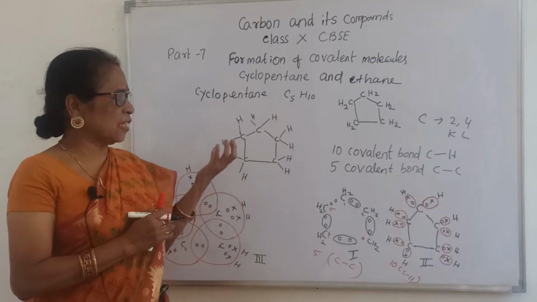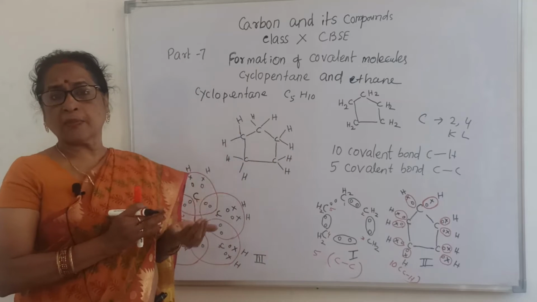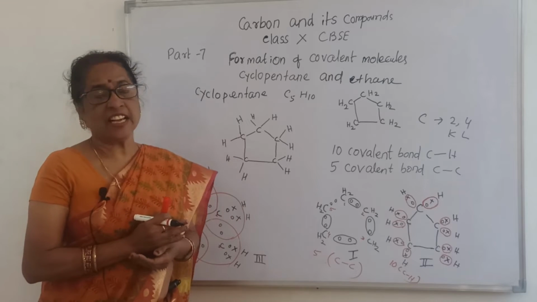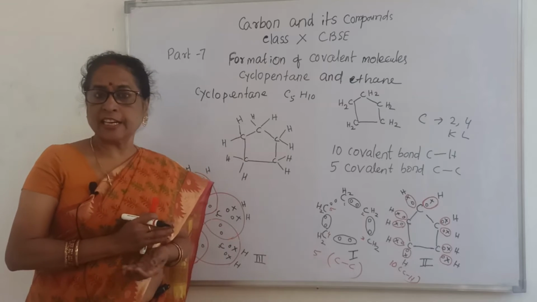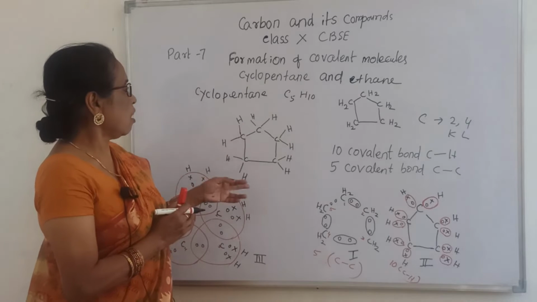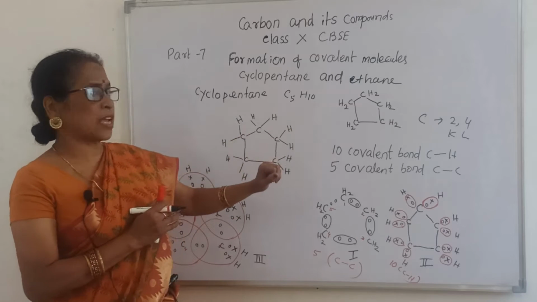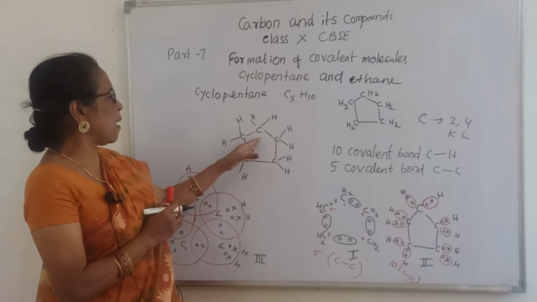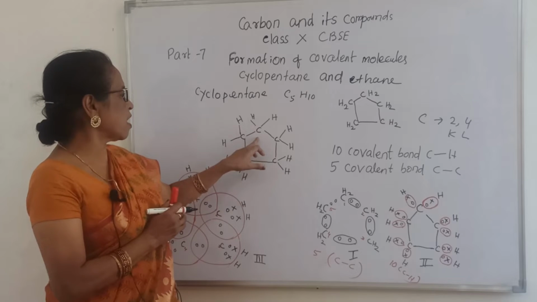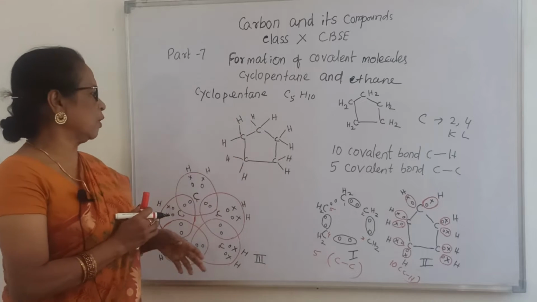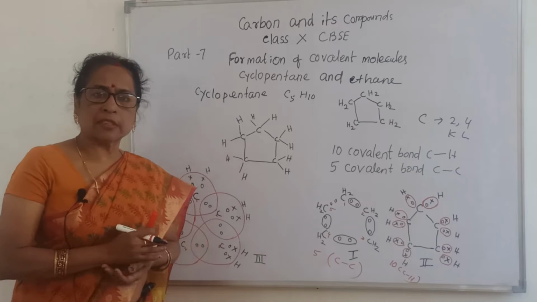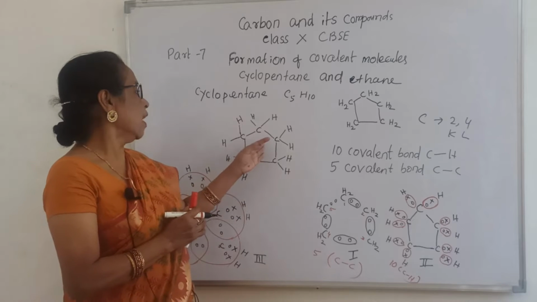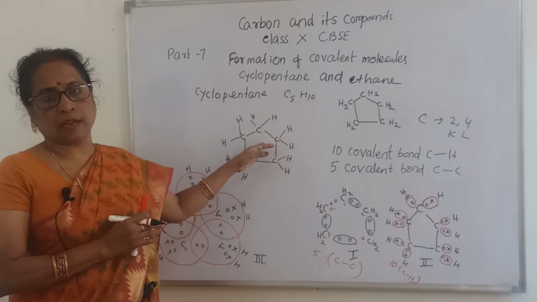It is necessary to add 4 more electrons by sharing, so that it can attain the inert gas configuration. If you expand the structure of cyclopentane, each carbon is attached to 2 hydrogens, so 5 carbons and 10 hydrogens are attached.